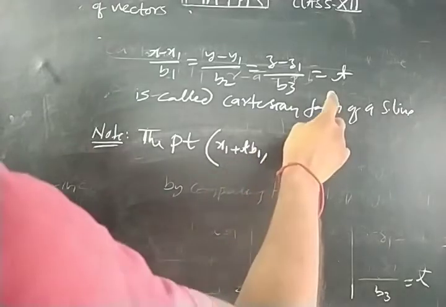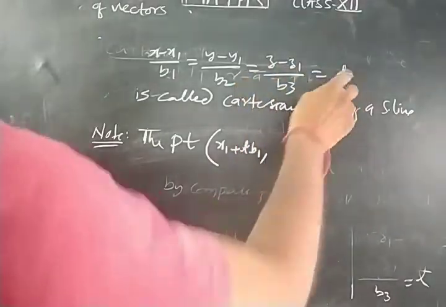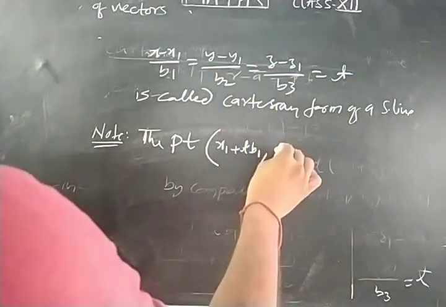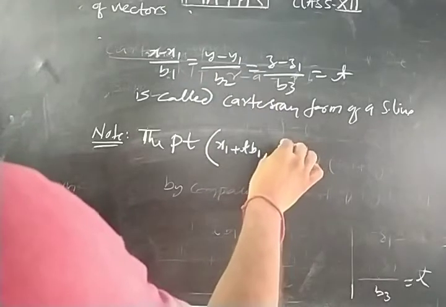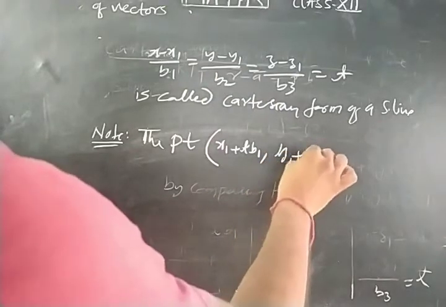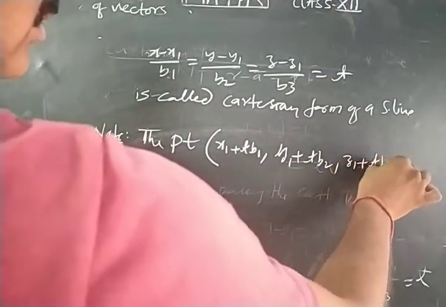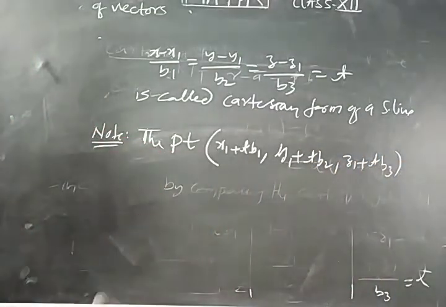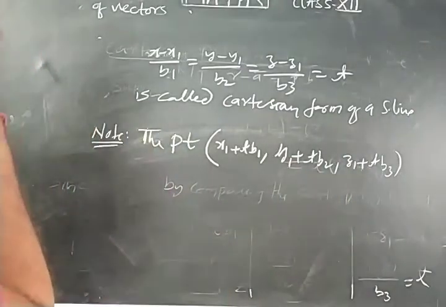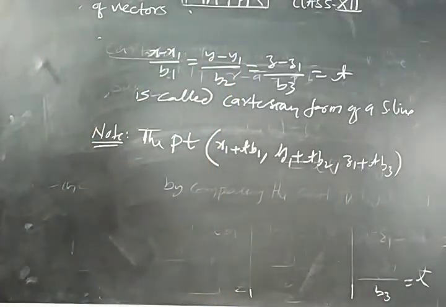And by comparing these two, you will get the y coordinate, that is y1 plus tb2, next z1 plus tb3. It will be the coordinates of any point on the straight line.